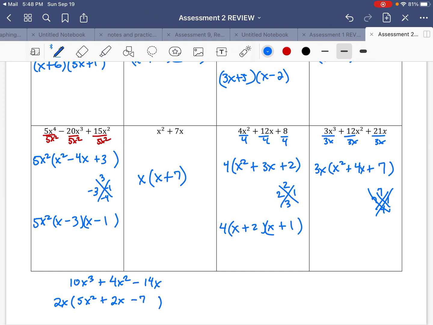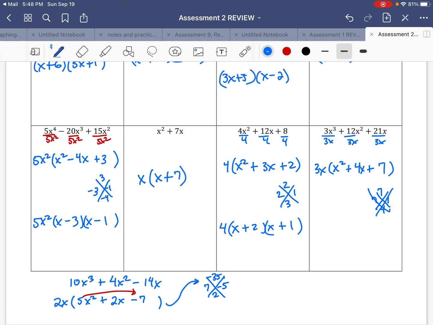Now when I get to here, I need to try to factor this. Well, this is one of those harder factoring ones. Remember, I have to multiply 5 times 7. So that would get me my little puzzle, 5 times 7, I get negative 35 there, and a 2 here. So I'm going to use 7 and 5. 7 minus 5 is 2, and it also gets me negative 35.